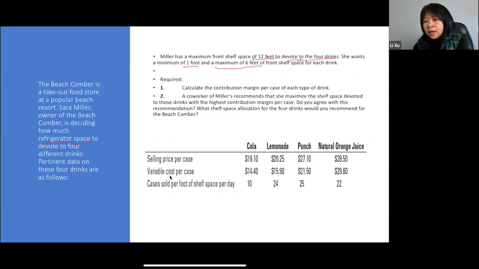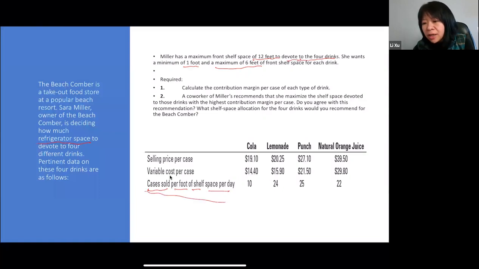Now here you have the information in the table below, and it tells you how much you can sell per case, what the variable cost per case is, and it also tells you how many cases can be sold per foot per day. Okay, so if you put it there, normally how many cases can actually be put there and sold.